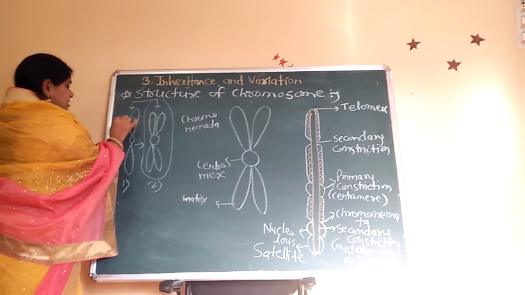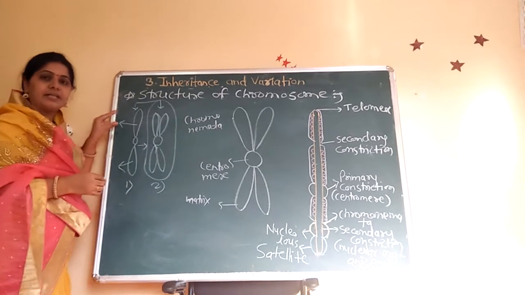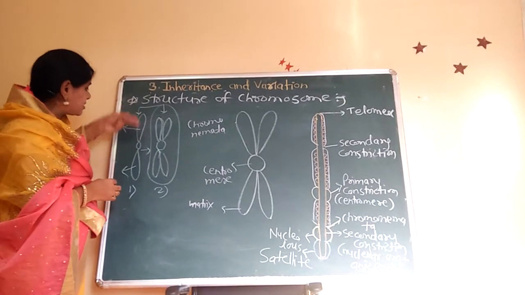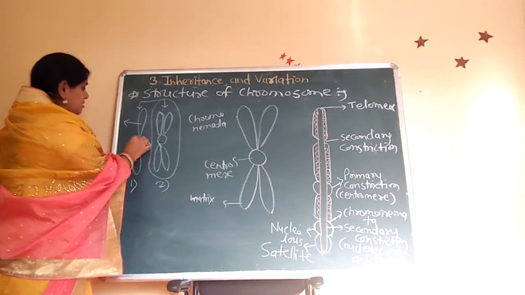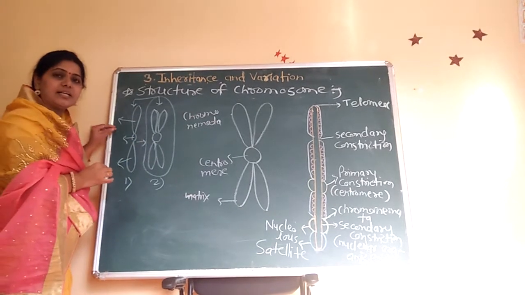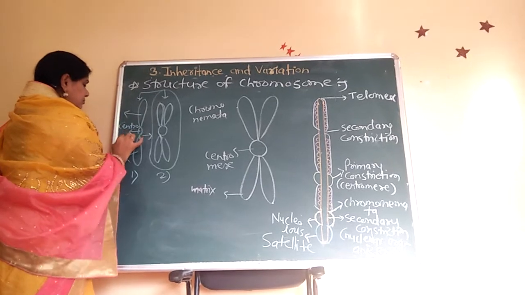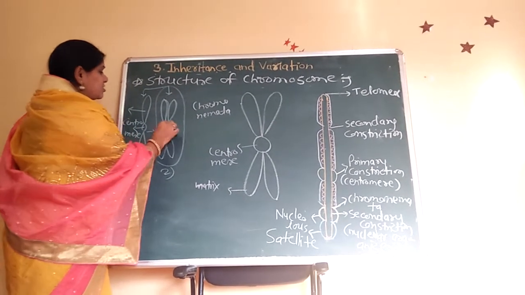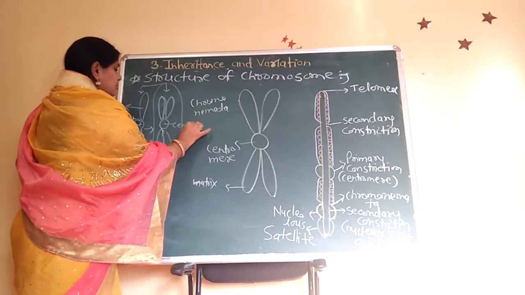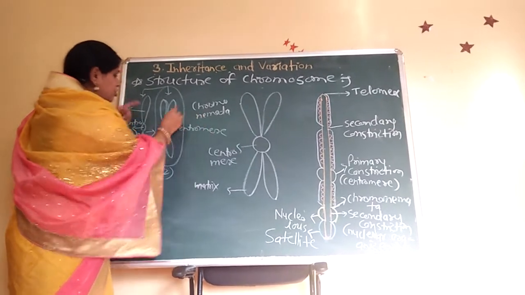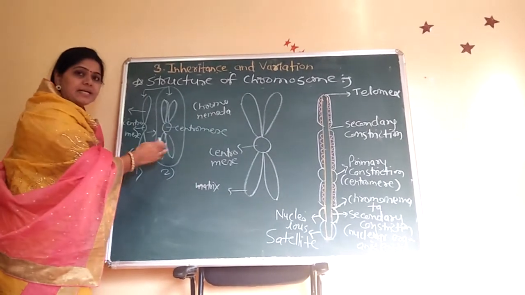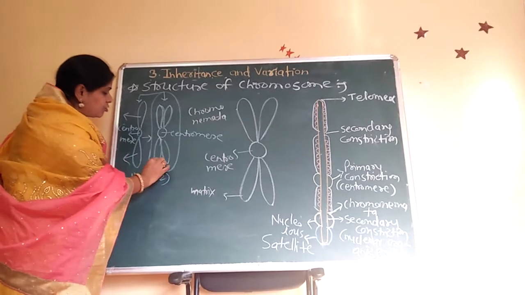These are the chromatids, the two arms. This is a single arm, and the center is called the centromere, and this is also a centromere. Because of duplication, these chromatids are converted into two chromatids.